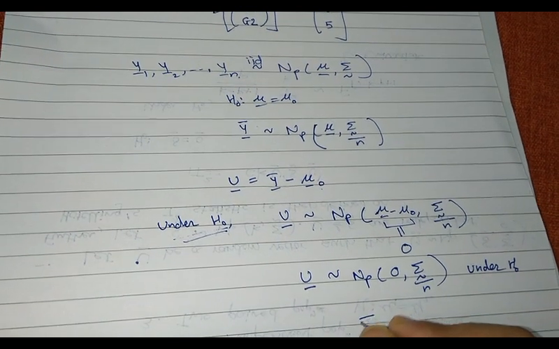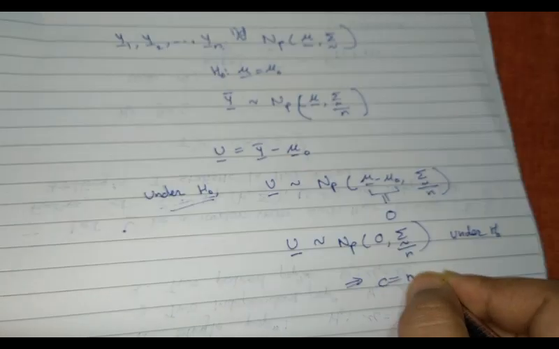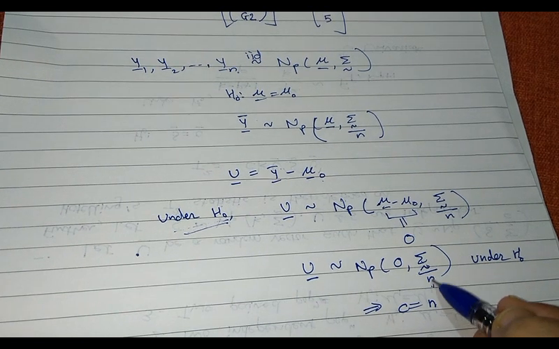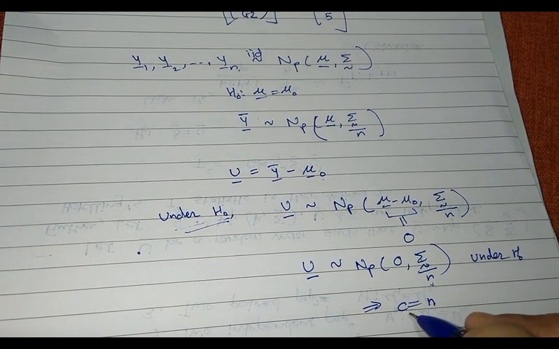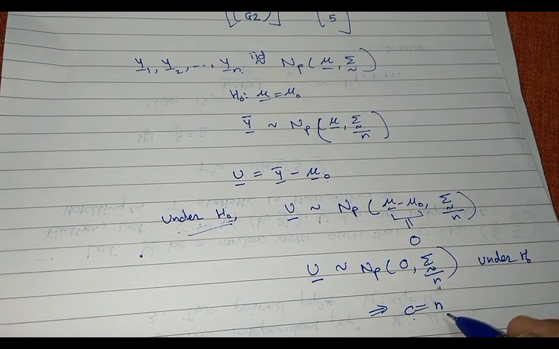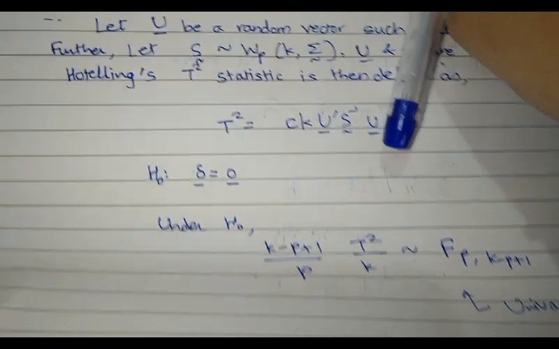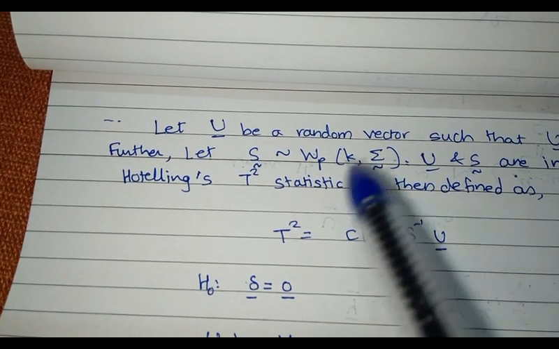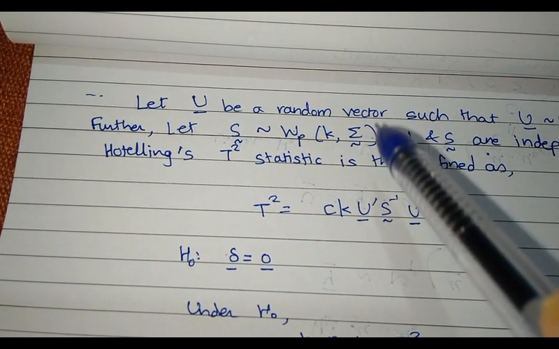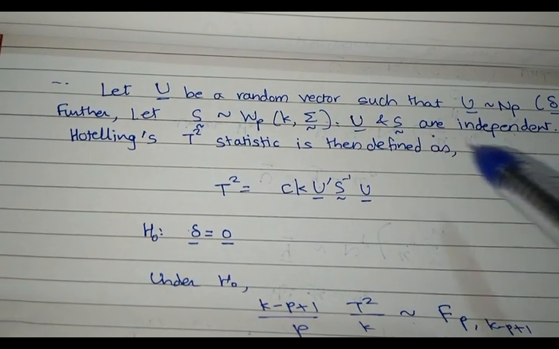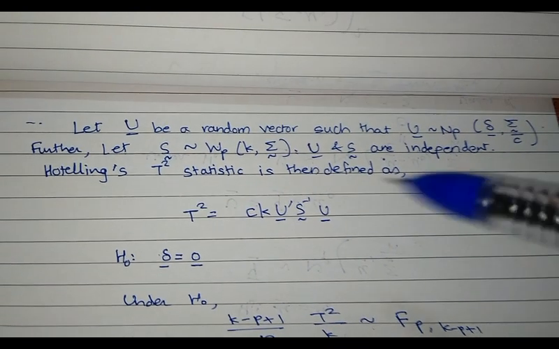This obviously tells me that my c has become n, because my sigma is sigma by n. Now the second thing I need for applying Hotelling's T-square is some Wishart matrix S which has the same sigma as the parameter, and u and S should be independent.